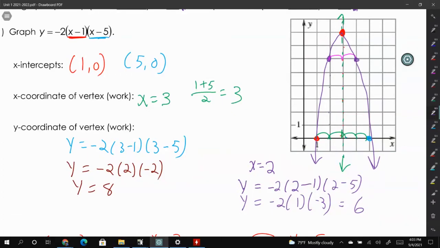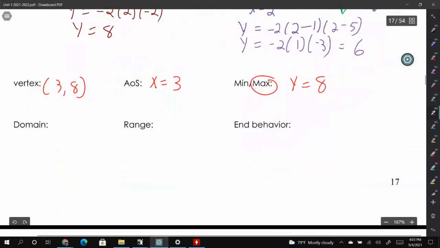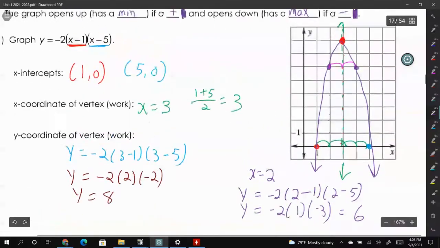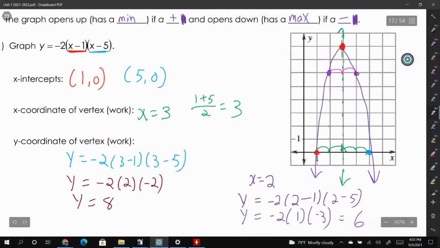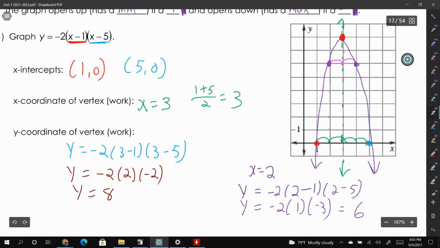And now we can answer the domain, range, and end behavior. Domain is always going to be negative infinity, comma infinity for these quadratic functions. Range, our y value: our parabola is open downward, so that means the smallest y value is negative infinity, and the largest one will be the y-coordinate of the vertex.